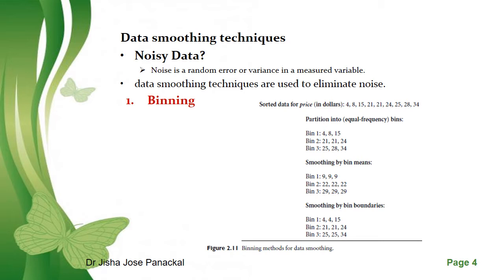And bin 2 is already in that form, so it will not be disturbed. So the values are 21, 21, 24, and in bin 3, 28 will be replaced by the left boundary value, that is 25, then 34. So this is a method for avoiding the noise. So binning is a smoothing method to avoid noisy data.